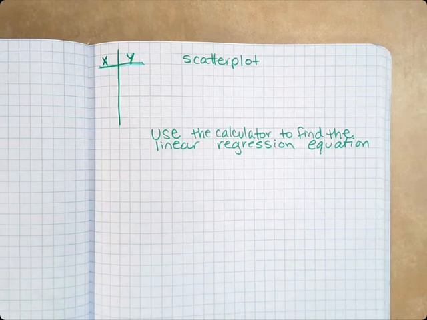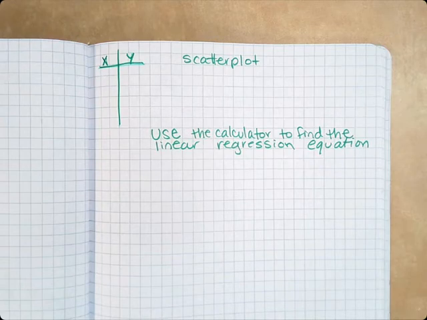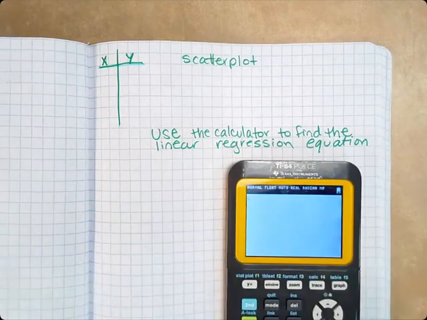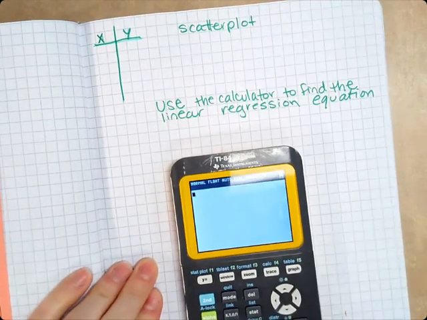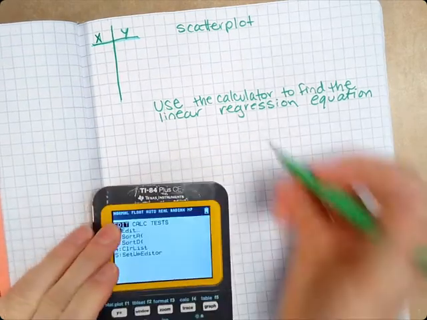Or not actually put it in the calculator, but if I have data, let's walk through the steps of how to do the linear regression equation. What do we do first? What do we click? Stat. All right, so let's write that down.